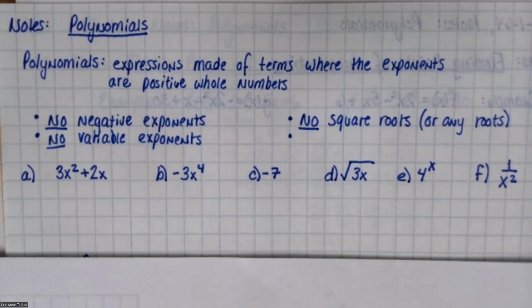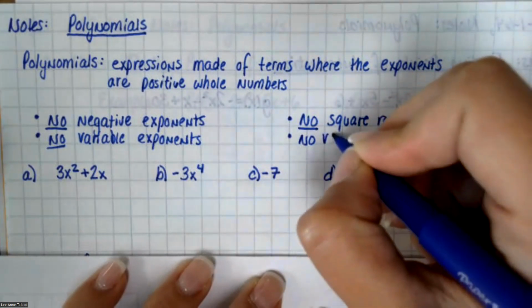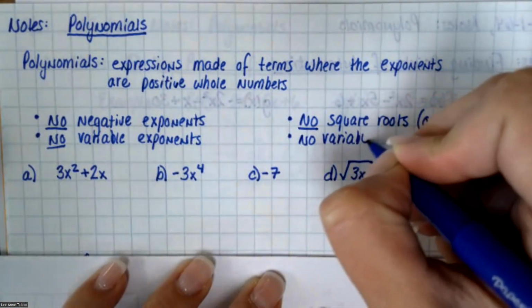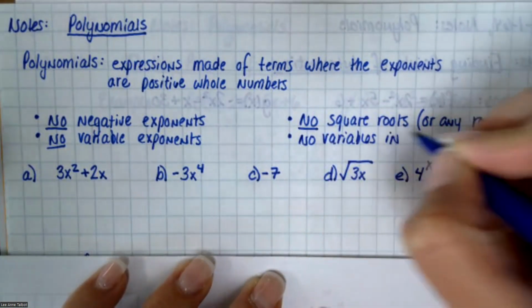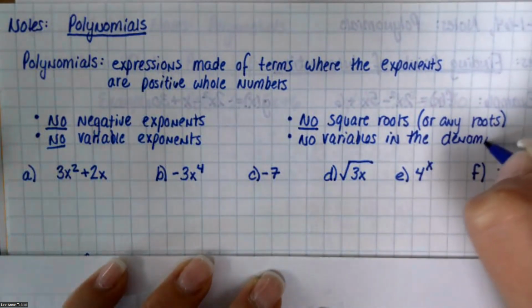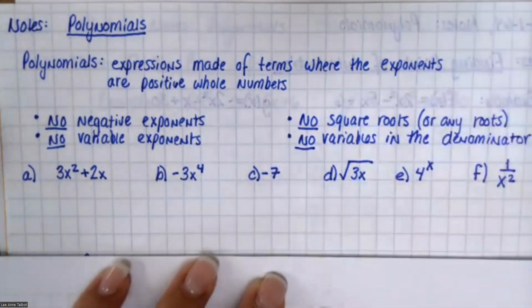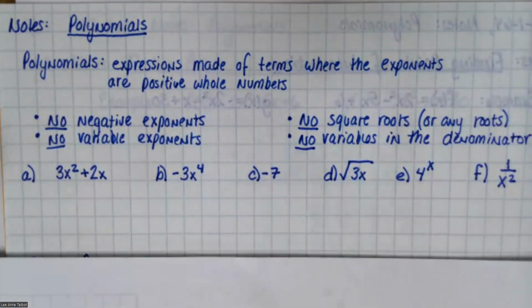Like you might have spent 3 seconds on it. I don't really know what they do and what they don't do anymore. Okay, and then last one, no variables in the denominator, because a variable in the denominator is actually a negative exponent.